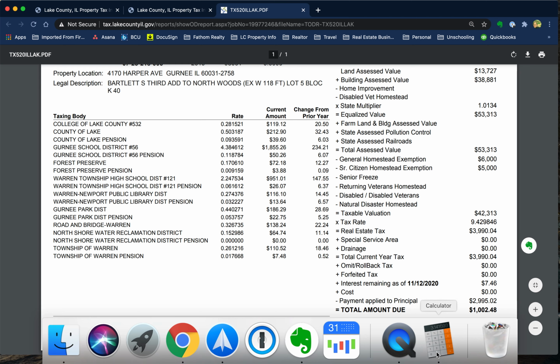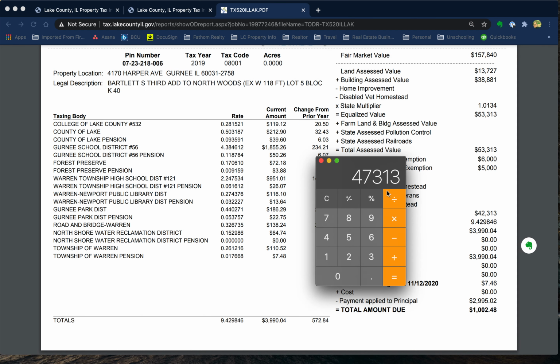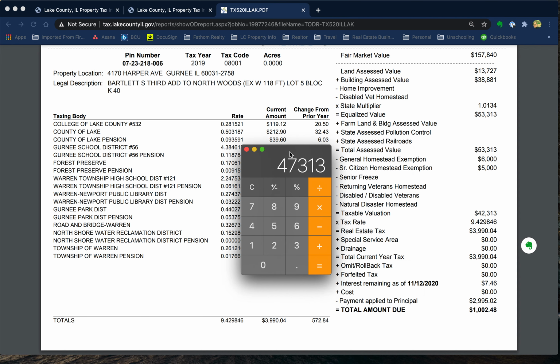So I'm going to pull up my calculator again, and I'm going to take this taxable valuation and multiply it by 0.09 because this tax rate is a percent. So 0.09429846.